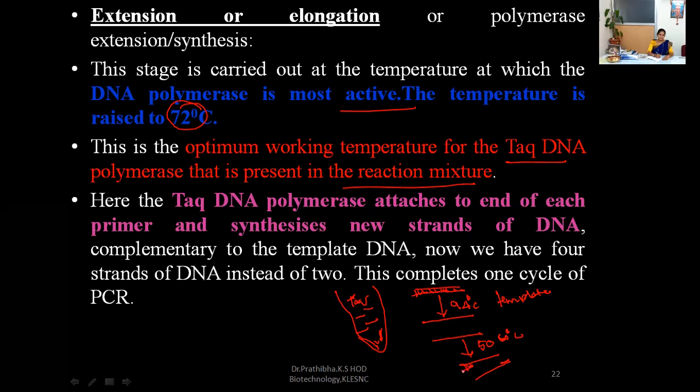Once they bind, they get the double-strand initiation. Then the Taq DNA polymerase enzyme's optimum temperature is 72 degrees Celsius, so the instrument is again increased to 72 degrees Celsius. At that time, what happens?